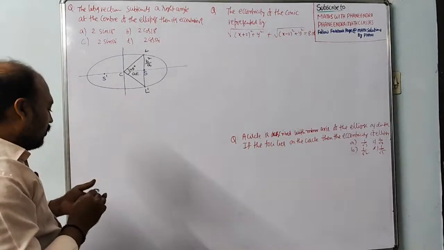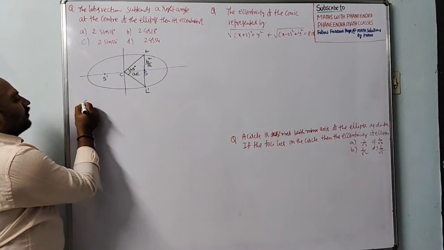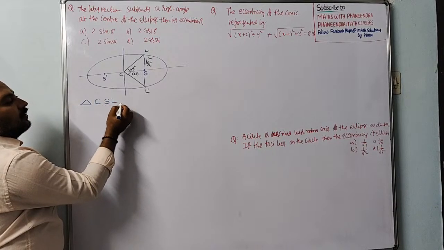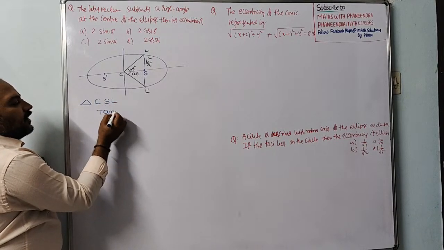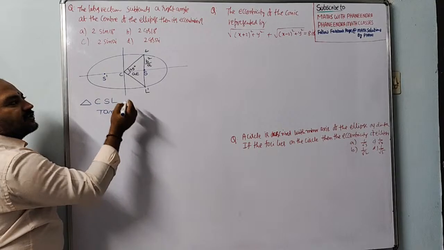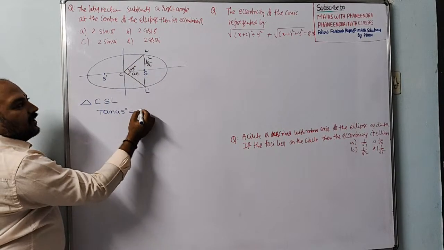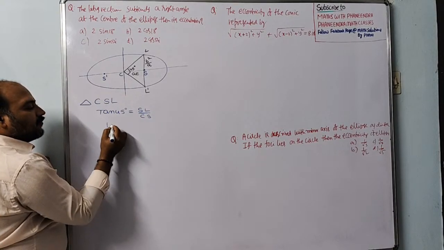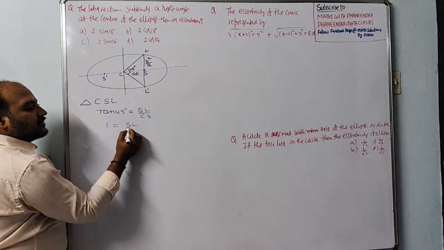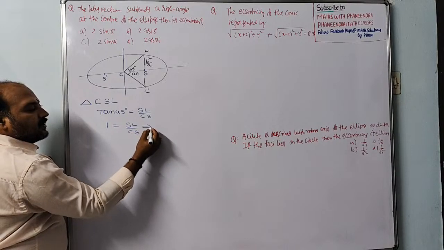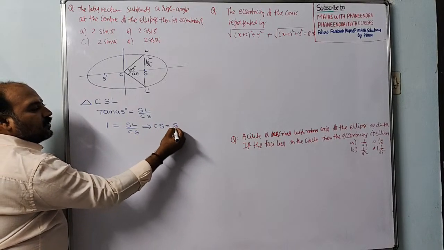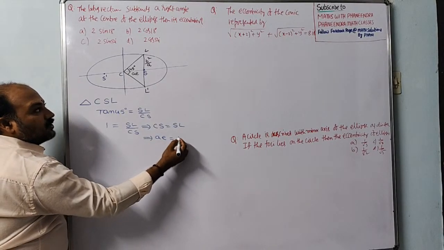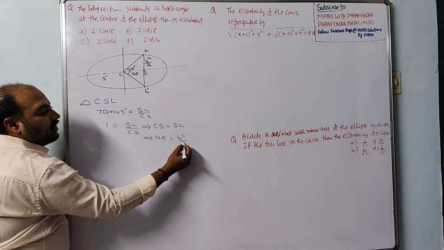So from triangle CSL, tan 45 degrees is equal to opposite by adjacent side, SL divided by CS. Tan 45 is 1, so SL by CS equals 1, that is CS is equal to SL. What is CS? ae is equal to b squared by a.